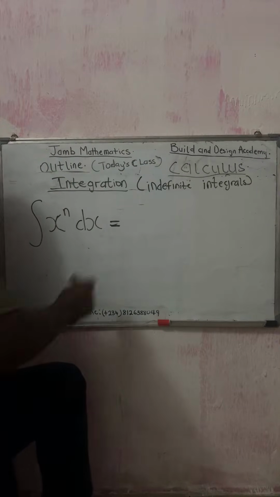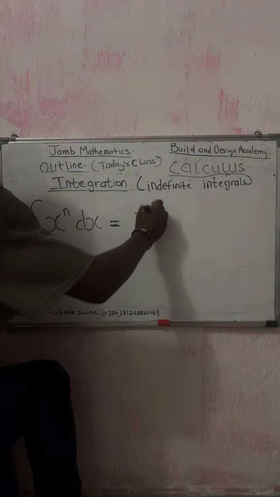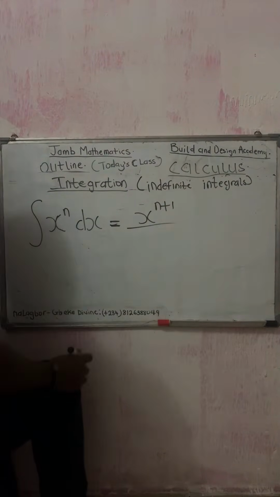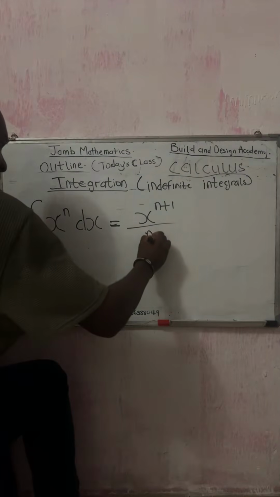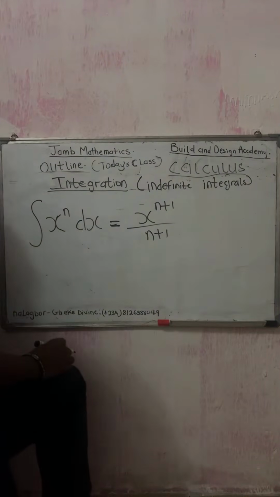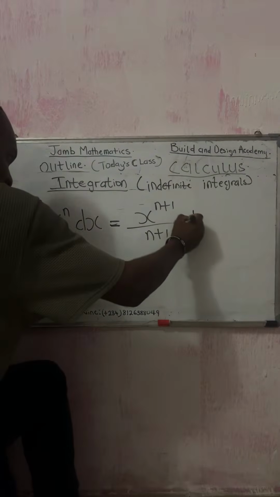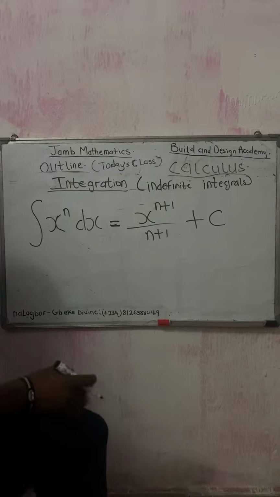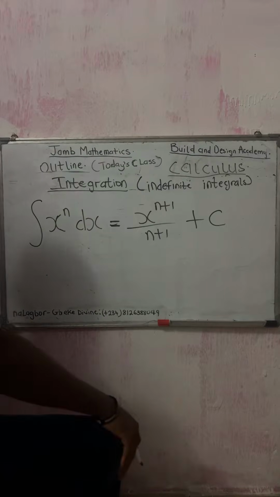So we have our answer as x to the power n plus 1, over n plus 1. Like I told you, we are adding 1 to the power, then this n plus 1 will also be at the denominator, plus our constant c. So this is the formula for integration.